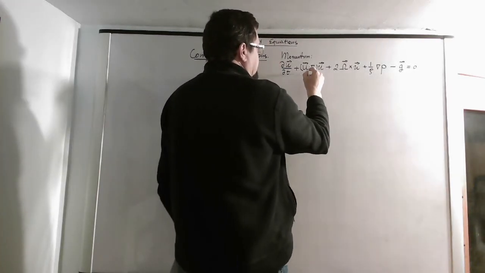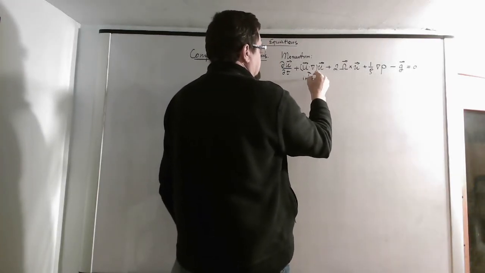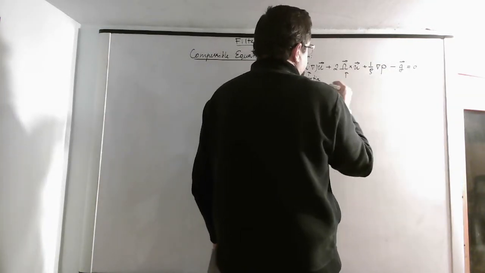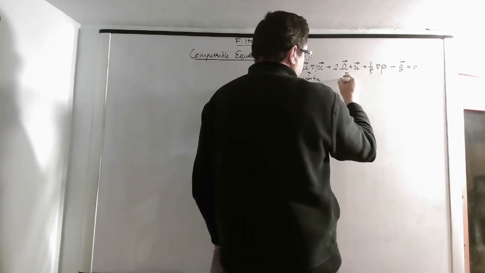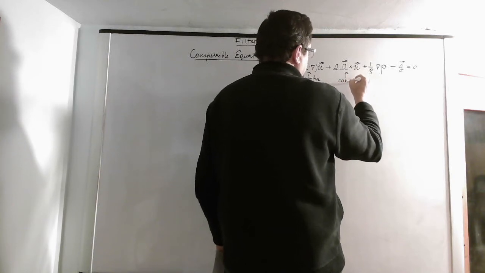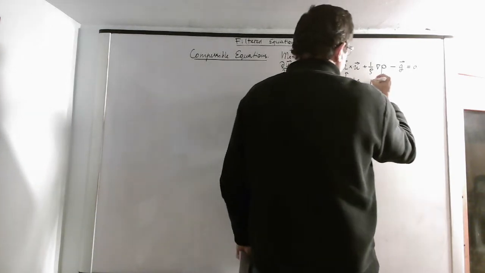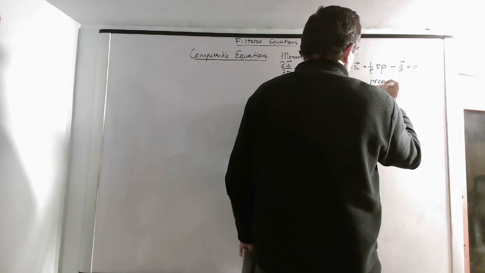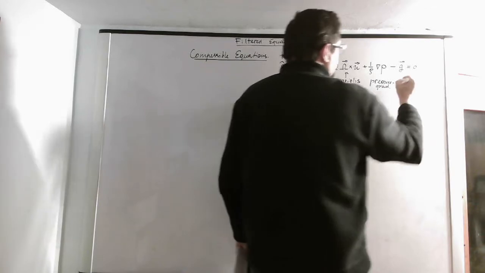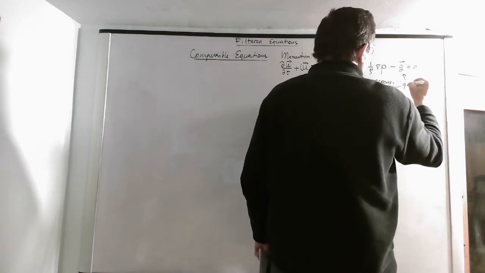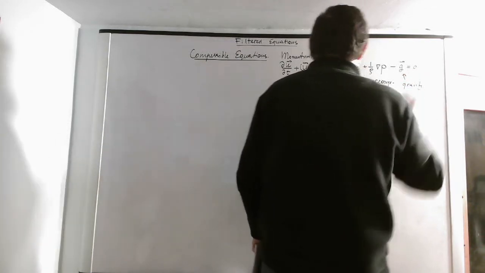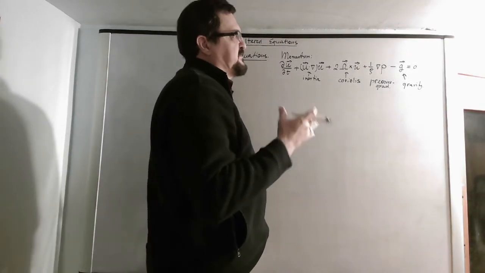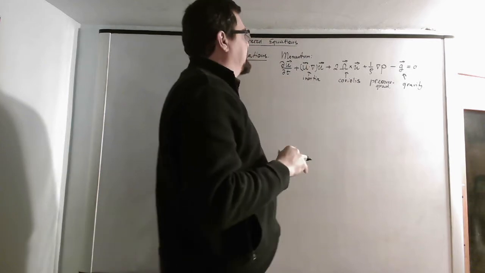So this is the inertial force. This one is the Coriolis force. This is the pressure gradient force, and this is gravity. And of course there is also friction, but for simplicity, let's omit it here.